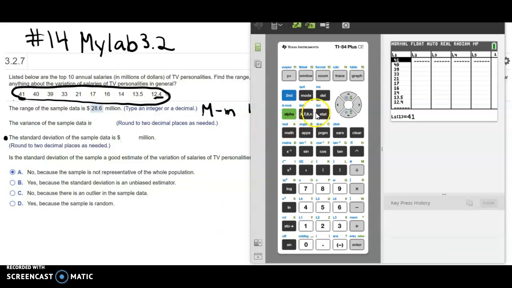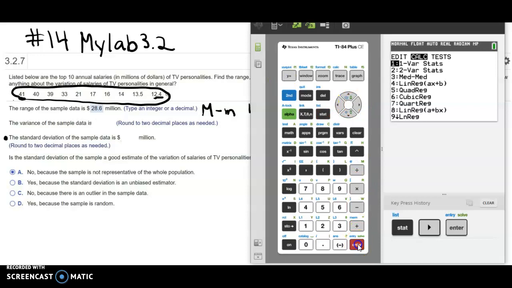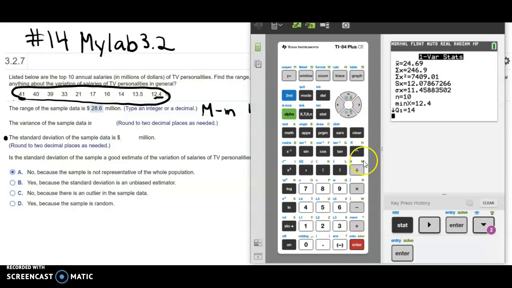Now, we'll go to Stat, over to Calc, and you'll do your 1-Var Stats. We put our data in list 1, so make sure that says L1. Frequency we didn't use, and now calculate. So you have your statistics, and we need to find the standard deviation. Remember, we have sample standard deviation and we have population standard deviation.